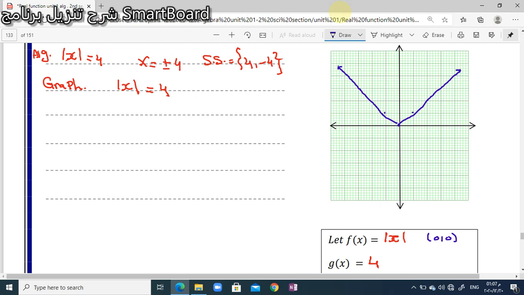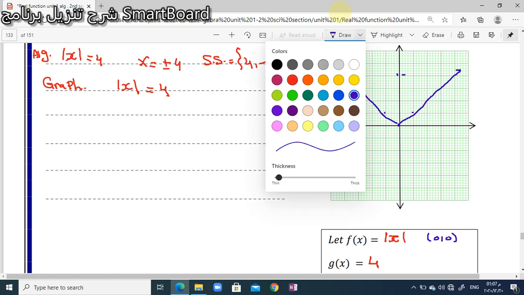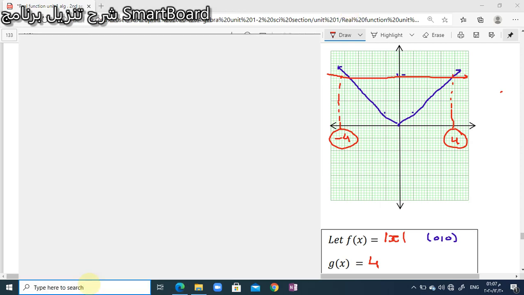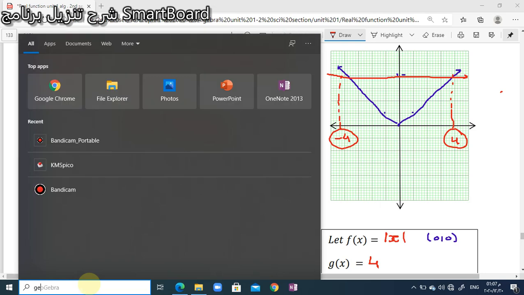Draw a line from 4 parallel to the x-axis to intersect the graph at negative 4 and 4. You have 2 points, the first one at 4 and the second one at negative 4. So the solution set is negative 4 and 4. I can use GeoGebra to graph.